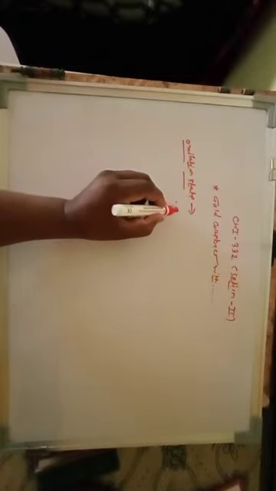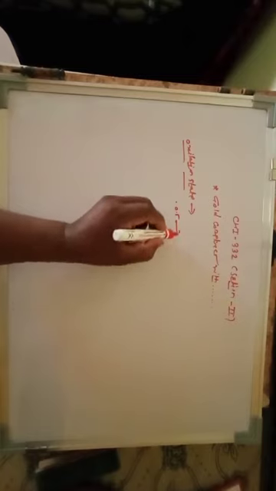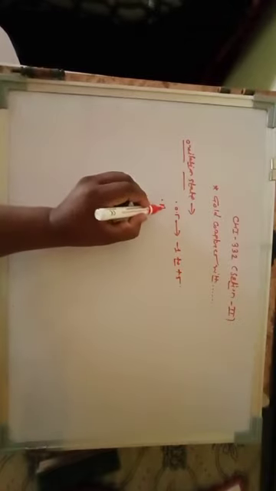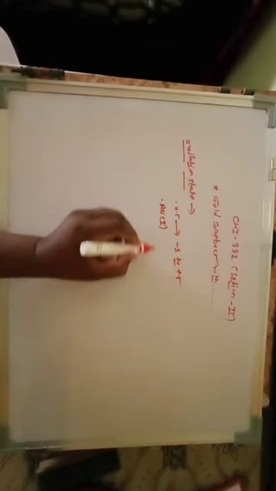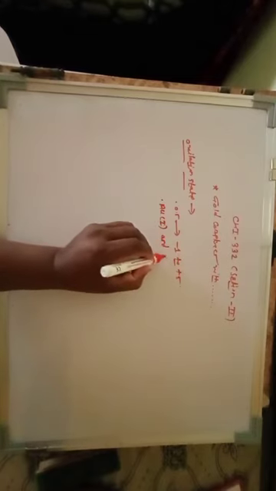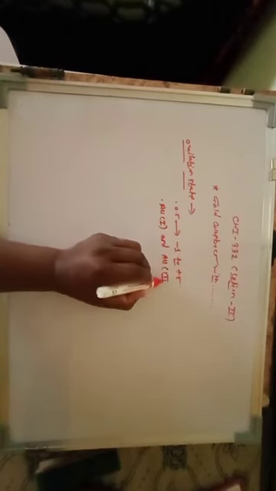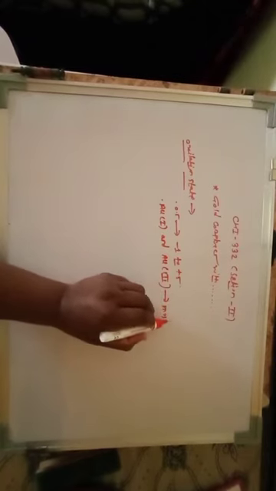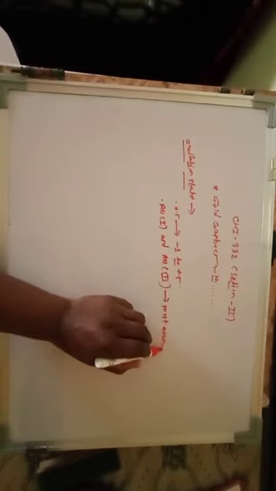Second, gold in the +1 oxidation state and gold in the +3 oxidation state are the most common oxidation states of gold and gold complexes.